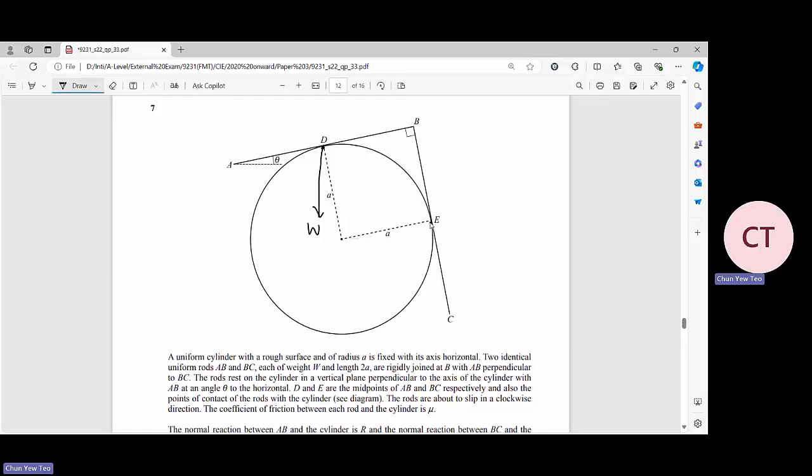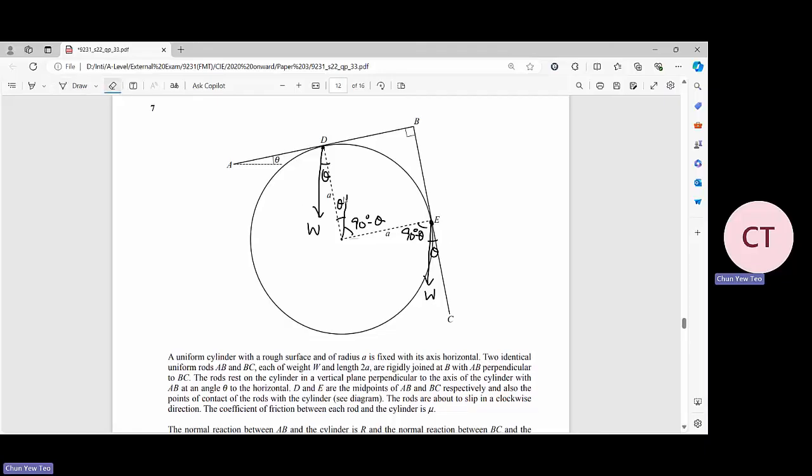You need to understand that this is theta: this is theta, this is 90 degrees minus theta, therefore this is theta. If this is theta, then it makes this 90 degrees minus theta, and therefore this is theta.